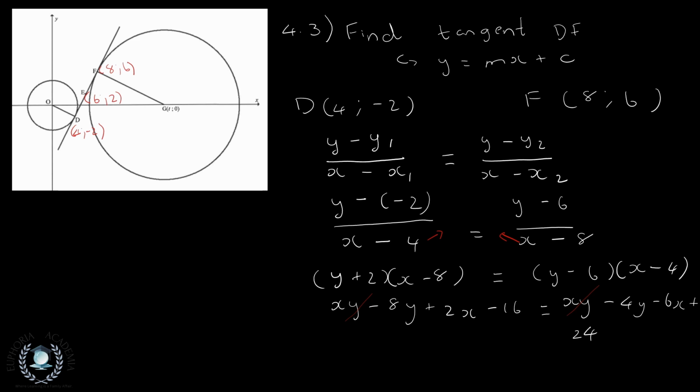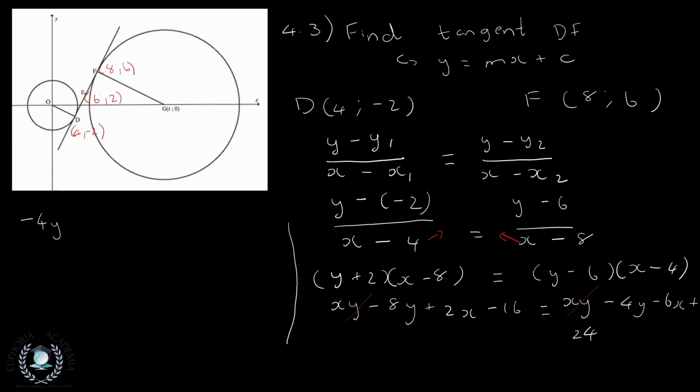Alright, so I'm going to try and put all the y's on the left hand side and the x's as well as the constants on the right hand side. I'll just continue on this space here. So we have a minus 8y, minus 4y on the right hand side. If you add it, we're going to be left with a negative 4y.